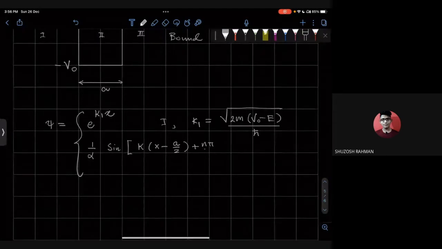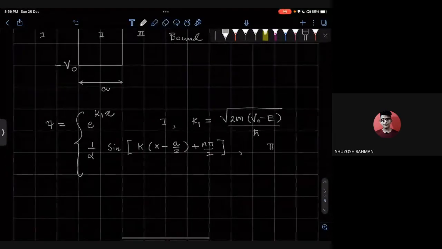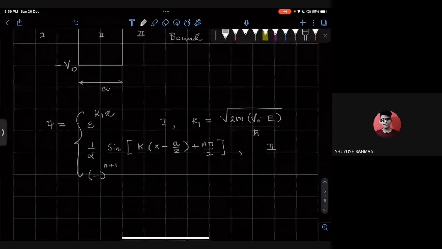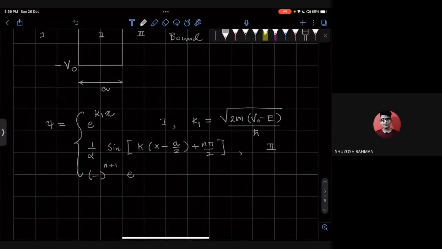Then in region 3, we have (minus 1)^(n plus 1), where n is a positive integer, 1, 2, 3, and so on. So the sign will depend on the value of n, times e to the power minus k1 (x minus a). This is in region 3.